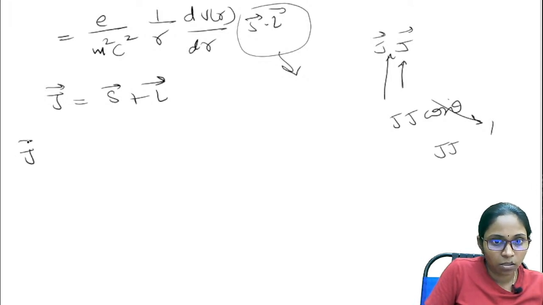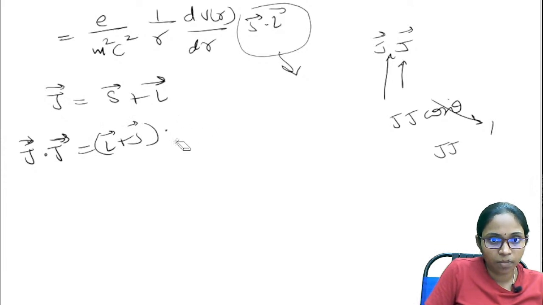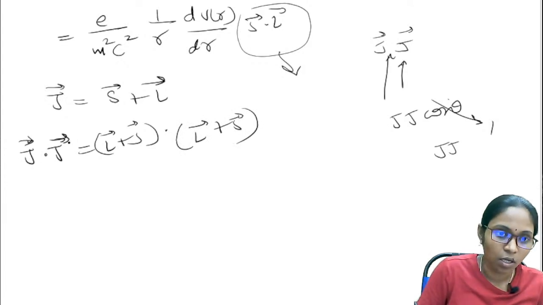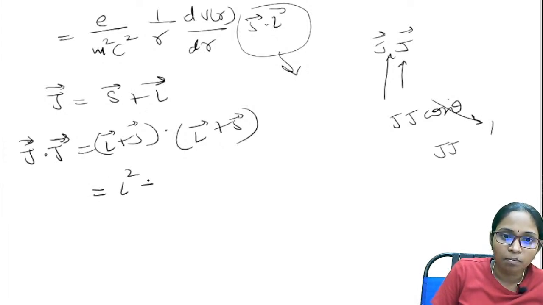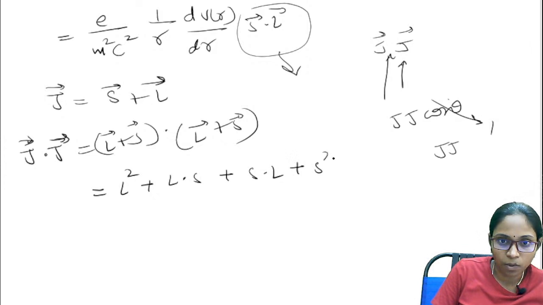So J bar dot J bar can be written as (L bar plus S bar) dot (L bar plus S bar). So here we have L bar dot L bar, which is L square, plus L bar dot S bar, plus S bar dot L bar, plus S bar dot S bar, which is S square.